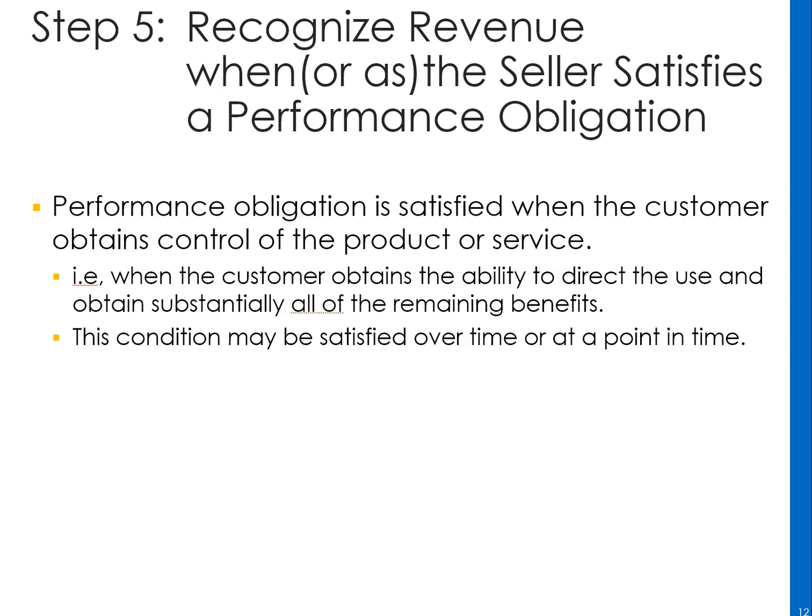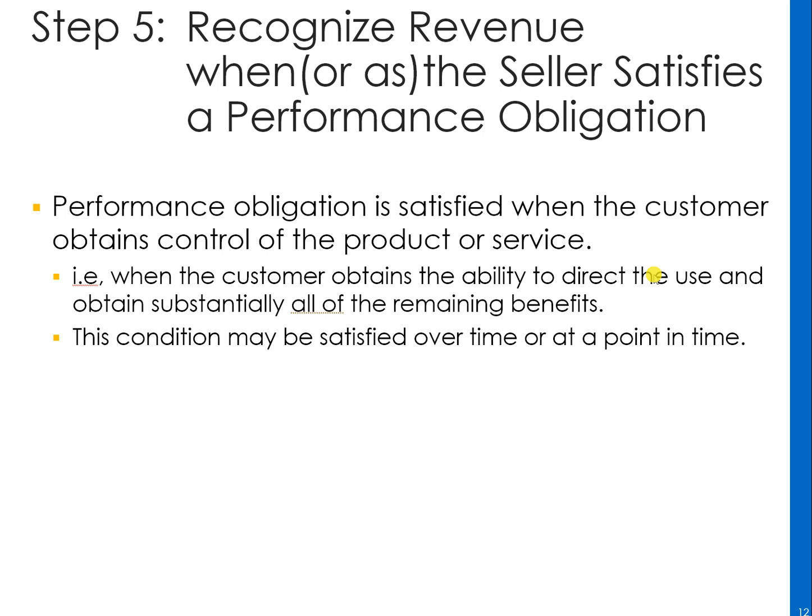And finally, step 5 requires the entity to recognize revenue as it satisfies performance obligations. A performance obligation is satisfied when the customer obtains control of the product or services. For example, a customer obtains the ability to direct the use and obtain substantially all the remaining benefit of the product.